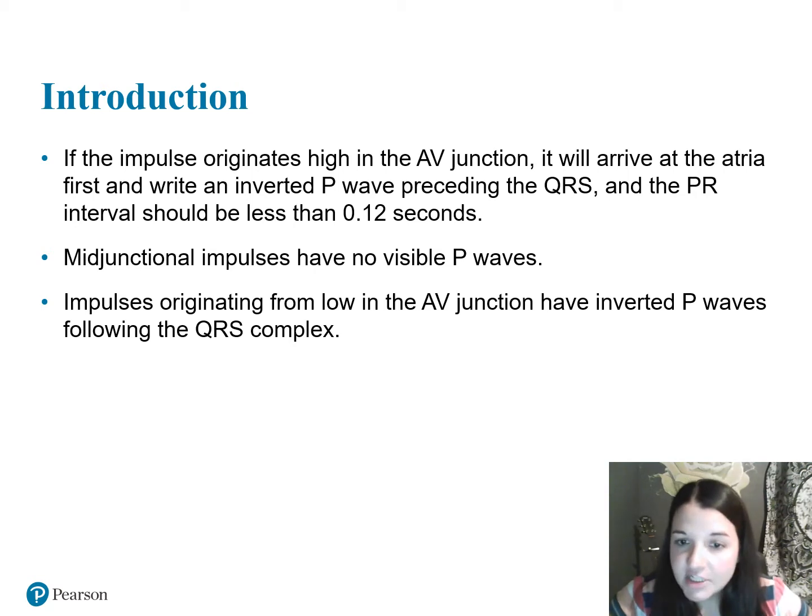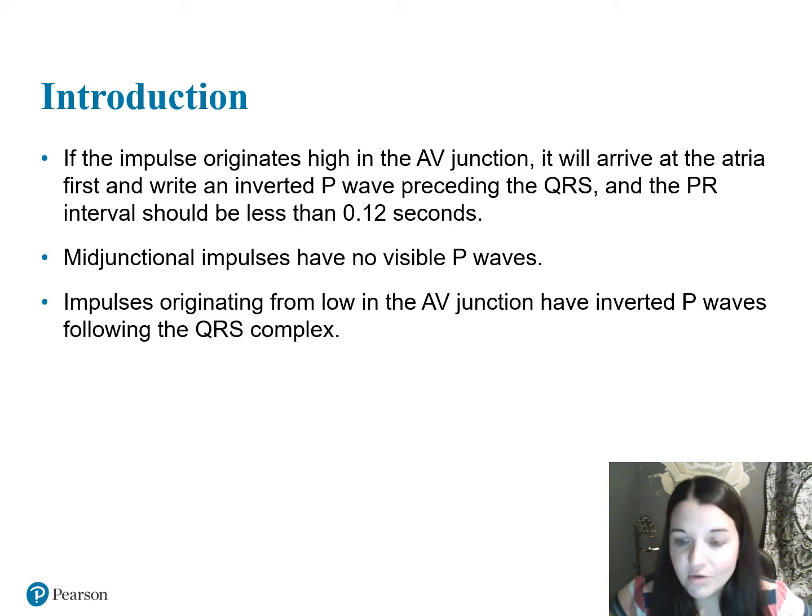Now keep in mind, in chapter 8, if we did not see a P wave, we assumed it was buried in that T wave, and you can kind of look at the T wave and see that P wave buried in there. But if we do not see a P wave in this case, it could be coming from the mid-junctional AV node. And if it is coming from the lower AV junction, that P wave is still going to be inverted, but guess what? It's going to follow the QRS.